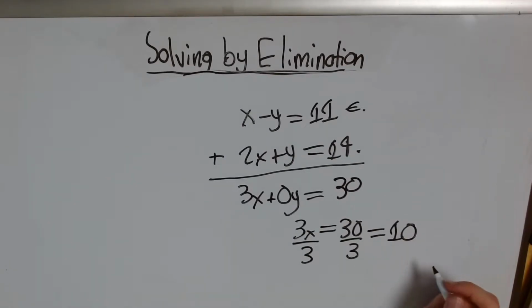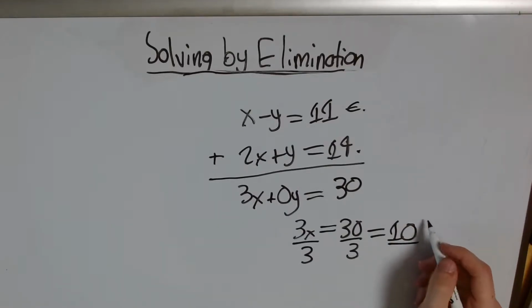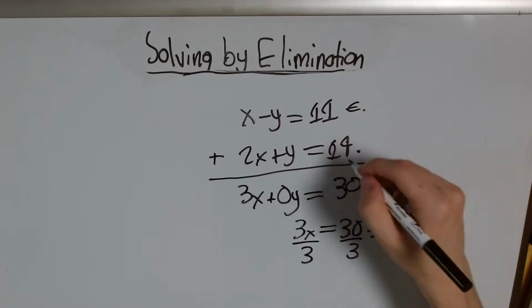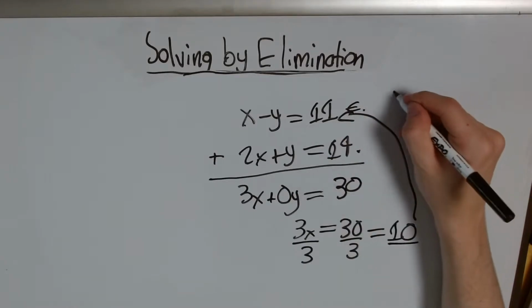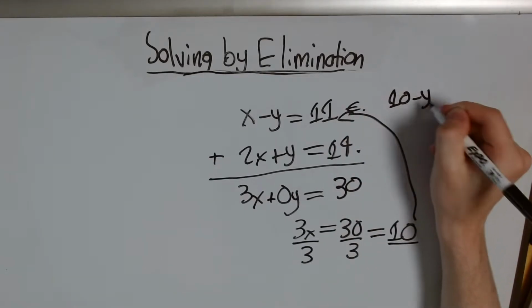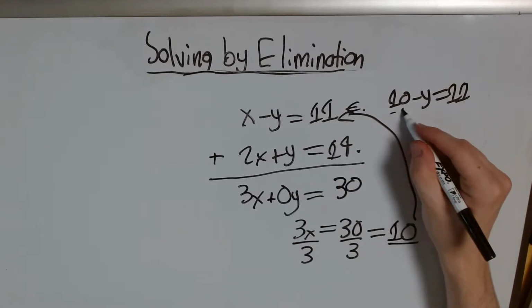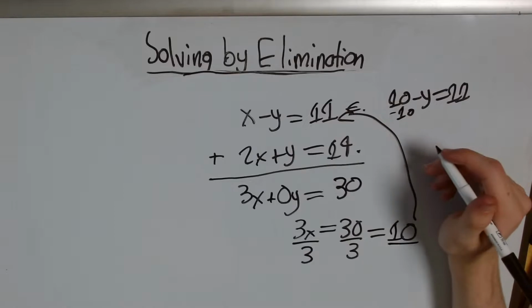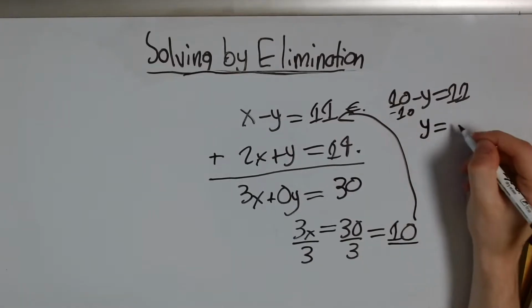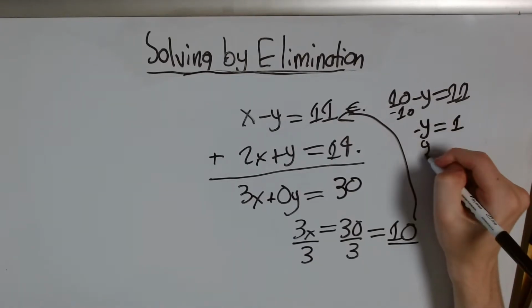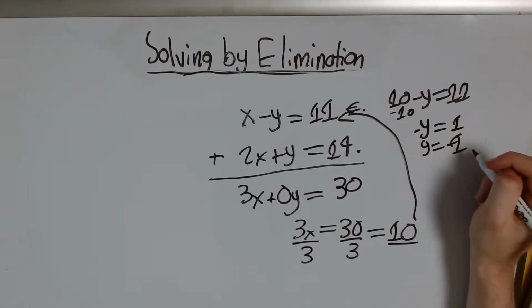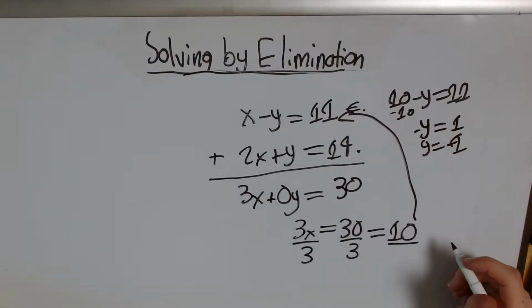And of course, if I wanted to find y, I could plug this value back into the original equation, right? I'd have 10 minus y equals 11. I'm going to just subtract 10. I get negative y equals 1, so y equals negative 1. So I have x equals 10 and y equals negative 1.